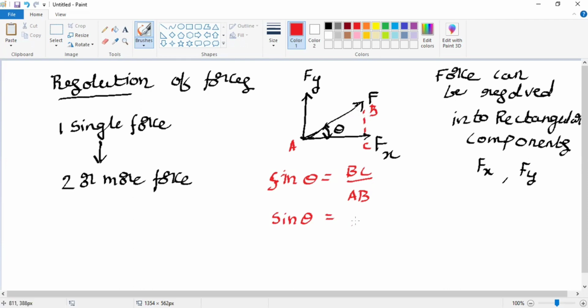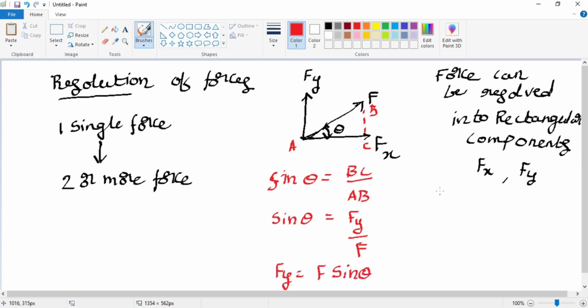BC is nothing but Fy, and AB is F. From this, we can write Fy equals F sin theta.